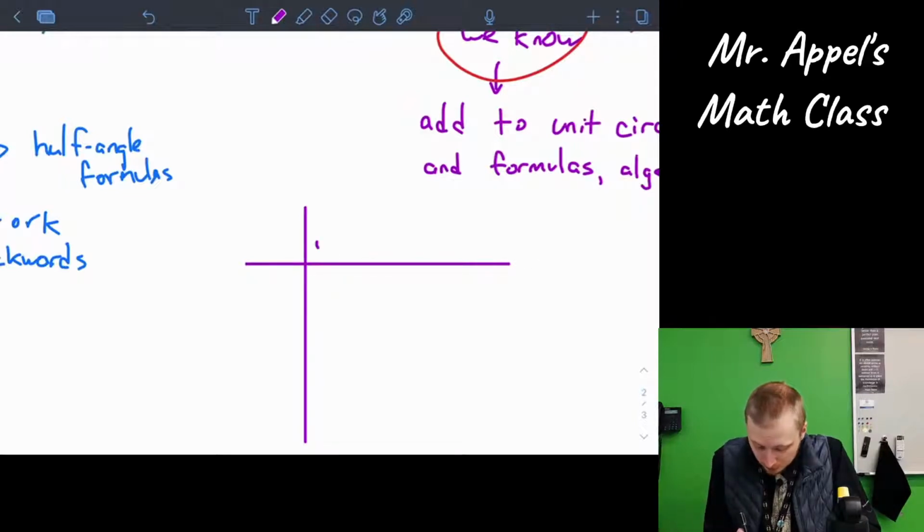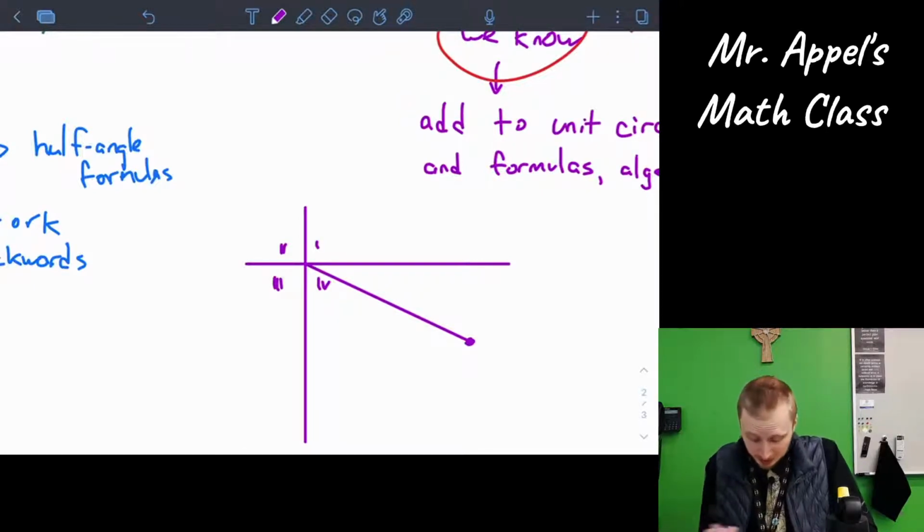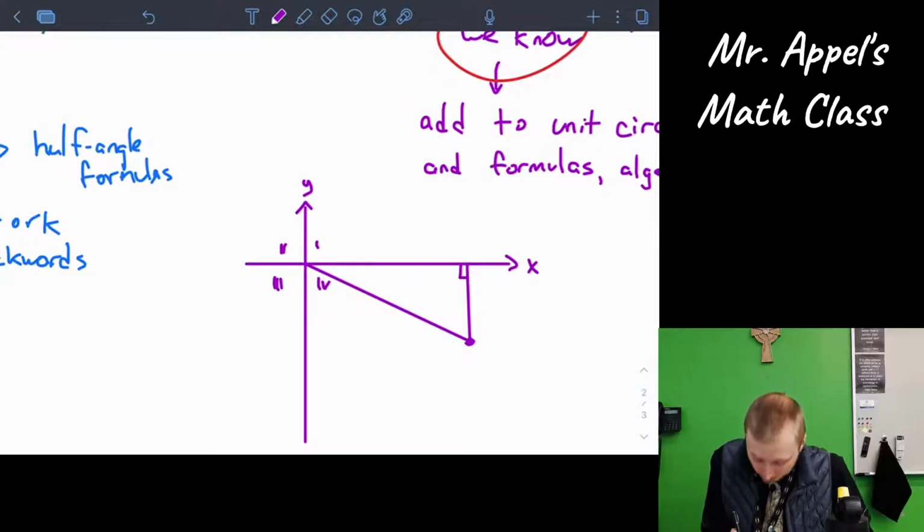That's down here. 1, 2, 3, 4. And some angle in there. I really don't care what it looks like in there as long as it's in quadrant 4. And draw perpendicular to the x-axis. Right, this is our x, this is our y. So then this becomes our angle alpha.